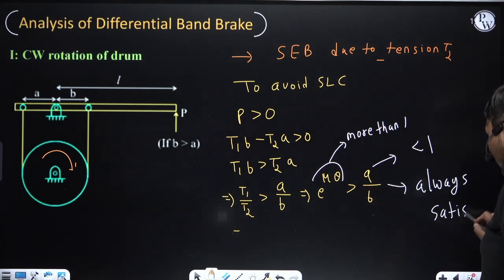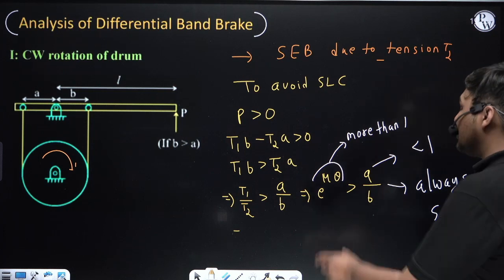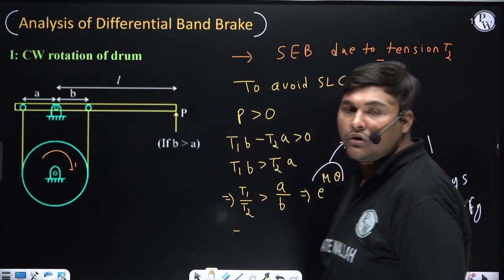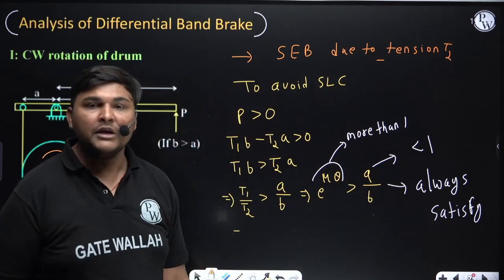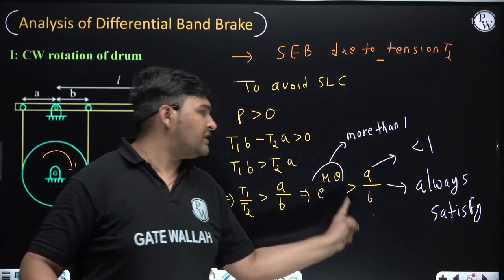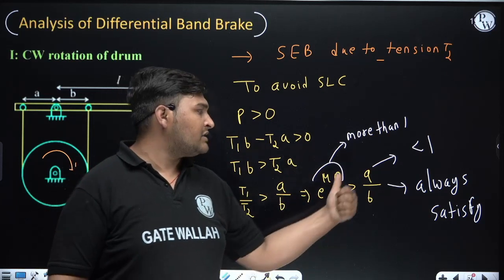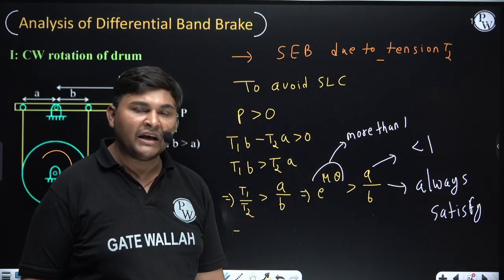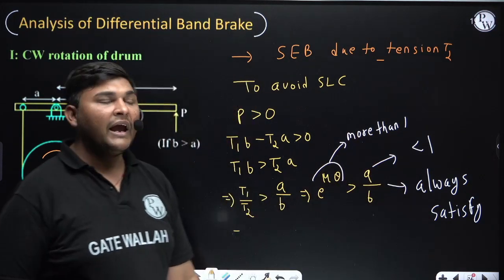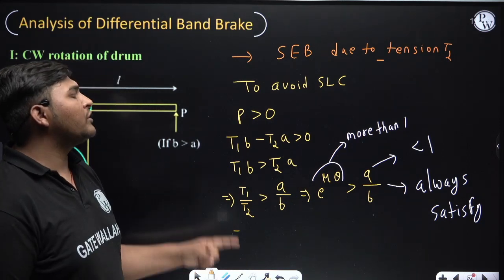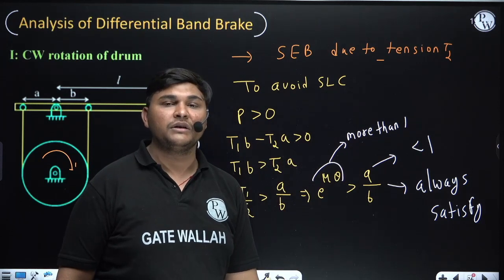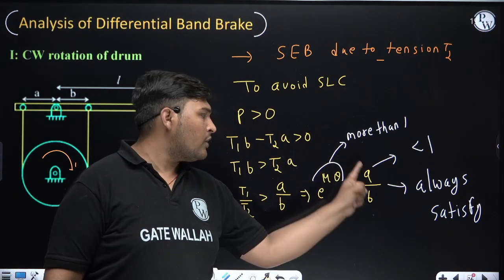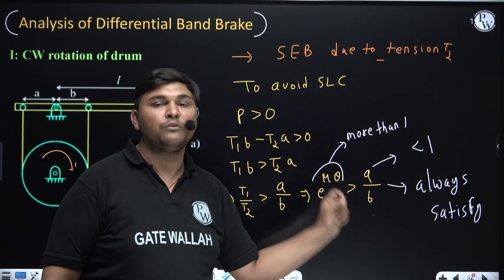Always satisfied. Means for this case we need not check whether it is greater or not, because e to the power mu theta will always be greater than A by B. Why? Because e to the power mu theta is more than 1 and this part is less than 1. So here LHS will always be greater than RHS. Means this equation will always be satisfied. And since this equation will always be satisfied, in this case the brake will never go into self-locking condition, because this is the condition to avoid self-locking and it will always be satisfied for this case.